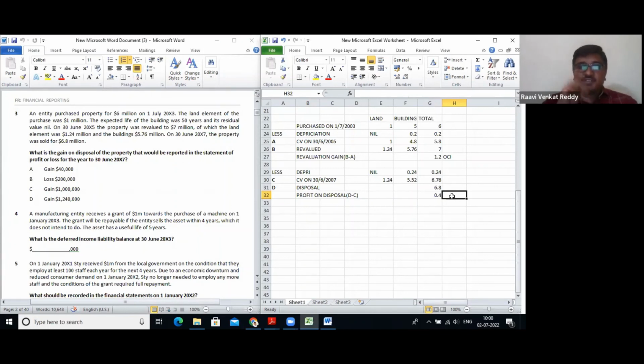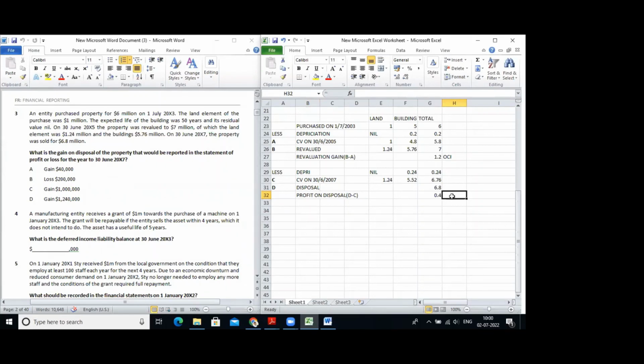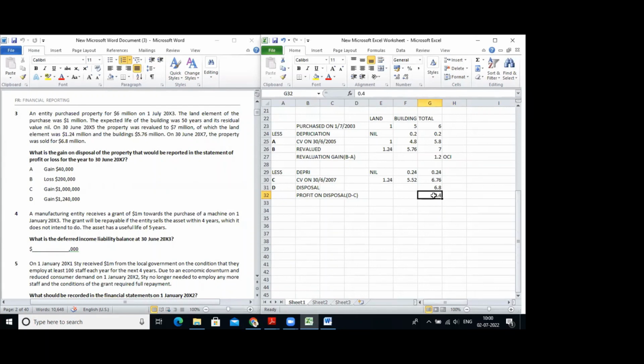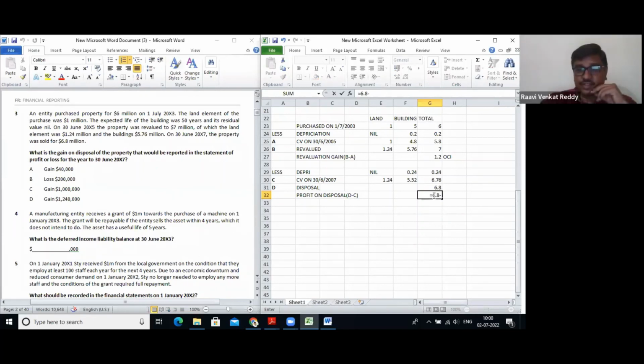So this is how we need to deal with our property, plant and equipment. Here, is it 0.04, sir? 6.8 minus, yes, it is 0.04.